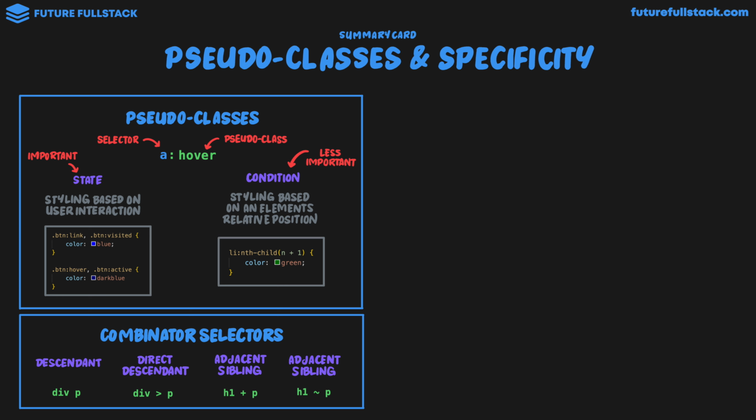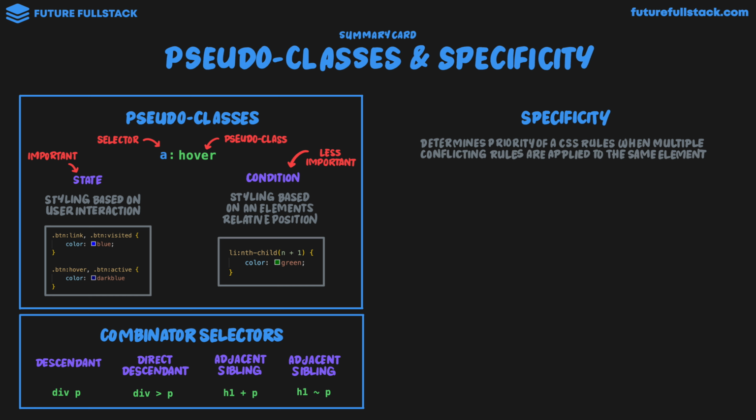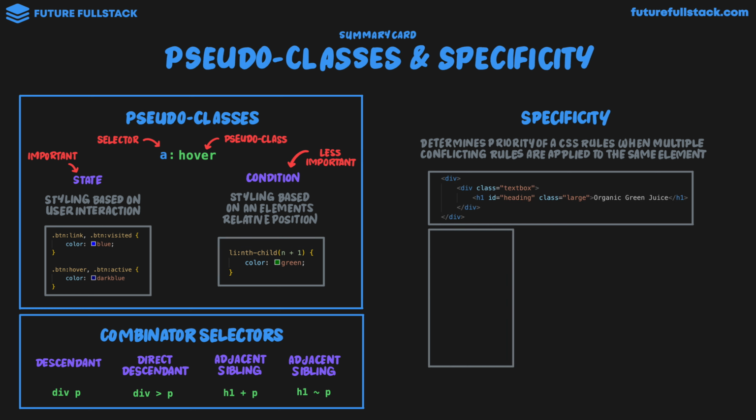So let's finish off this video by completing the summary card, pseudoclasses and specificity. In this video, we looked at specificity. We saw that specificity determines priority of a CSS rule when multiple conflicting rules are applied to the same element. We looked at an example of HTML like this, where we were targeting the H1 in 4 different ways.